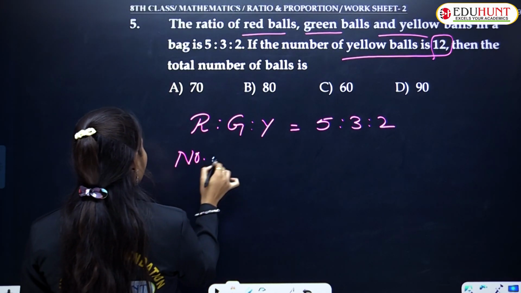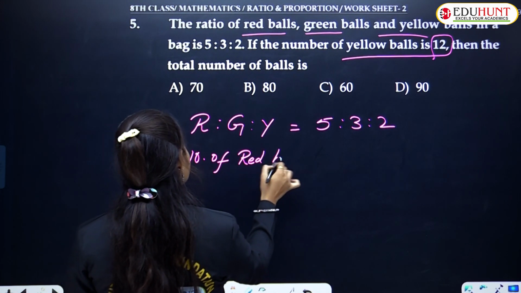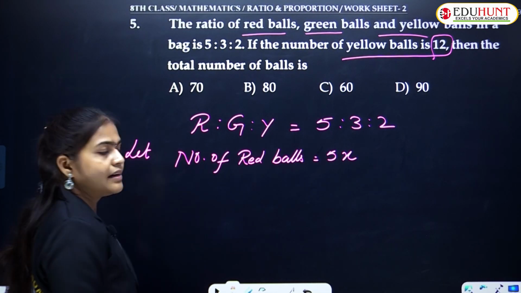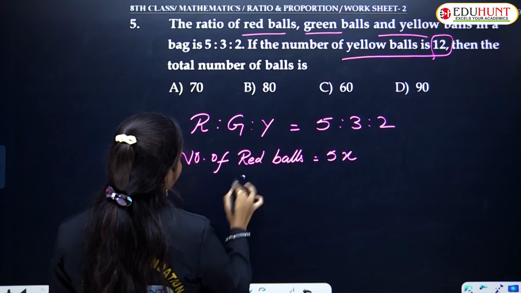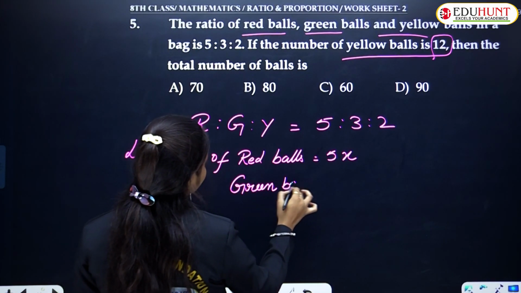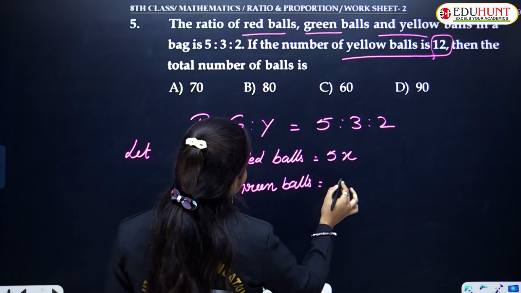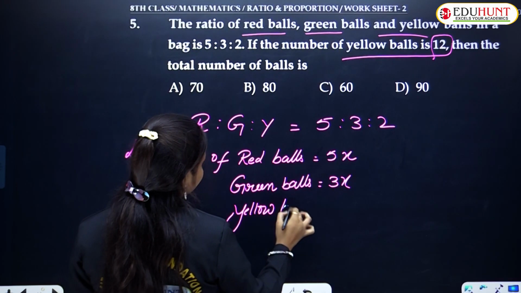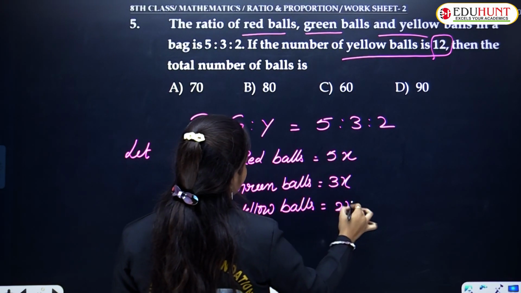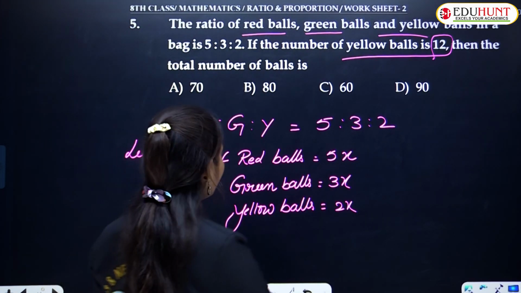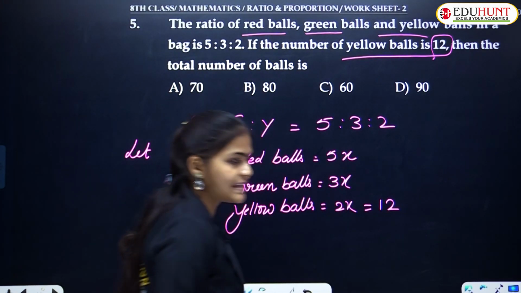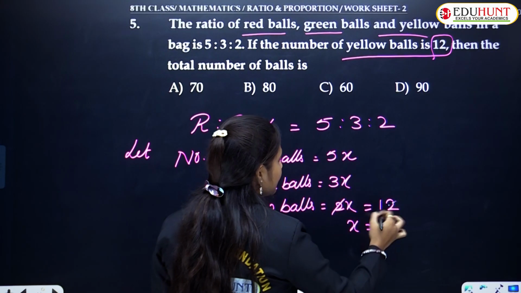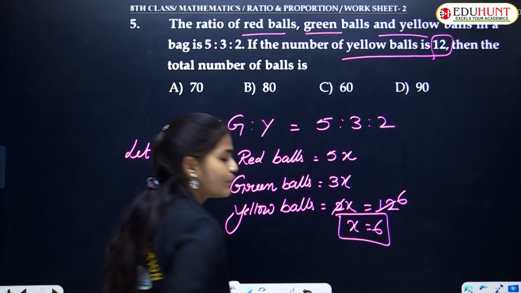So let the number of red balls be 5x, number of green balls be 3x, and number of yellow balls be 2x. And they given in that question that the number of yellow balls is 12. So from this one 2x is equal to 12. So x is equal to 6.